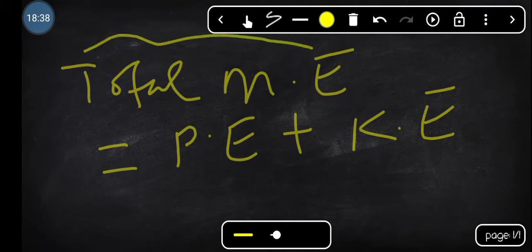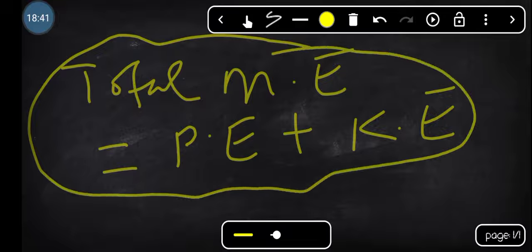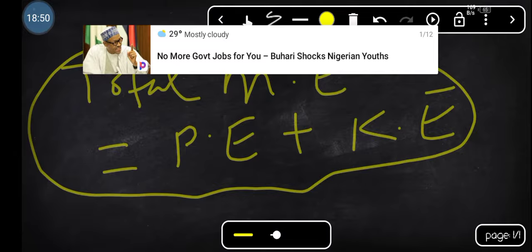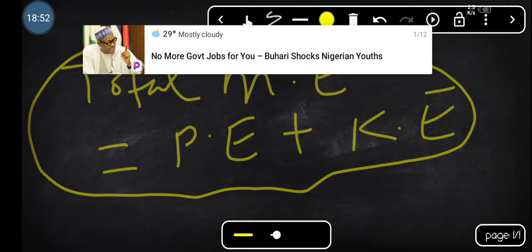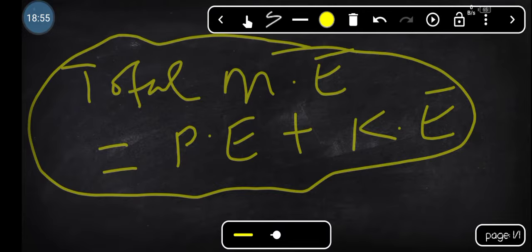And one thing we have to know is that when a body acquires kinetic energy by virtue of its motion, an amount of work has also been done, because kinetic energy and potential energy are also measured in joules.